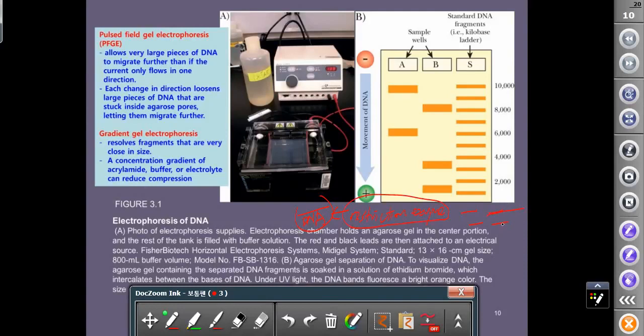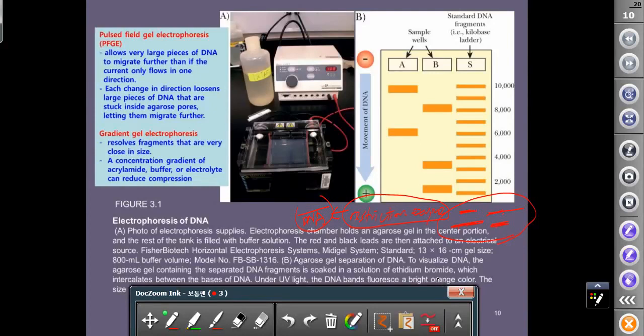Some are longer than the others, some are shorter, and you will have a DNA pool with various lengths, okay? So now you want to separate them. Then what would you do?